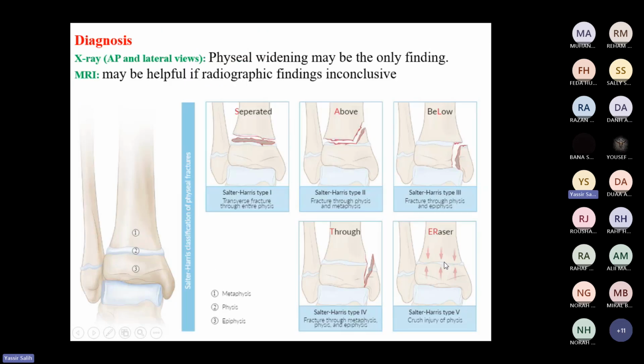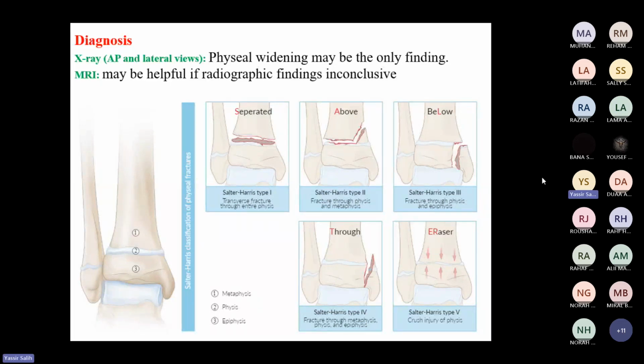Which type is more aggressive and why? Type 4, because it involves all of them. Any other opinion? Remember that a child has growth. Type 5, because he can't grow anymore.